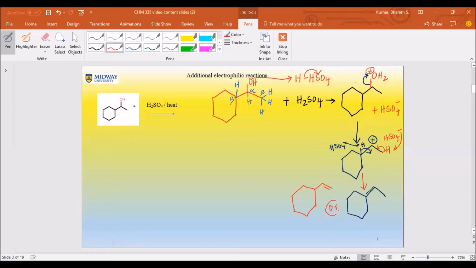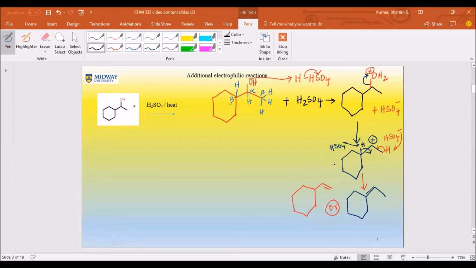Okay, there's also one more that's possible, which is neither of this is major. Okay, these are both minor products, but among these 2, this is the major, this is the minor, so this is subminor, minor, and then what we are really interested in is, let's redraw this.